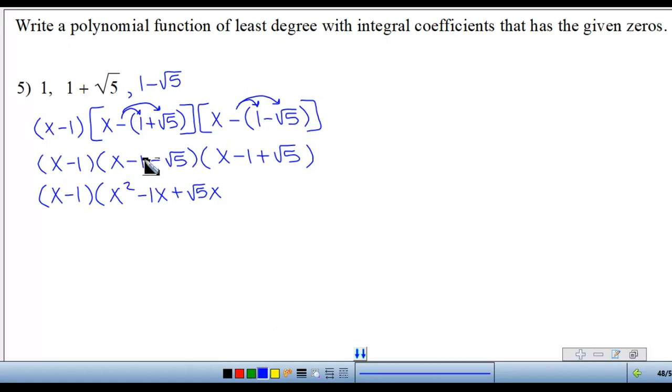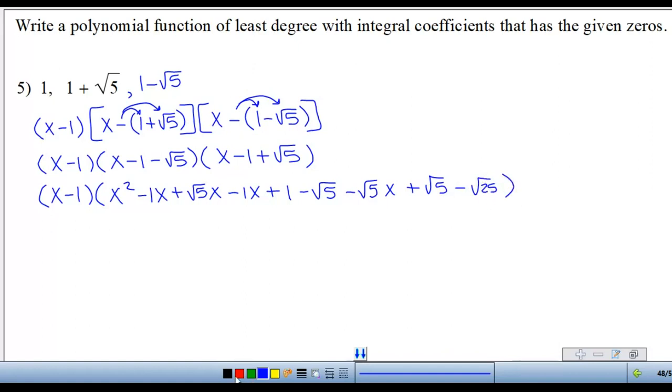Then I'll take the negative 1 and do the same thing. Negative 1x, positive 1, and negative square root of 5. Finally, I'll take the negative square root of 5 and distribute it to all three terms. That gives me negative square root of 5x, positive square root of 5, and negative square root of 25.